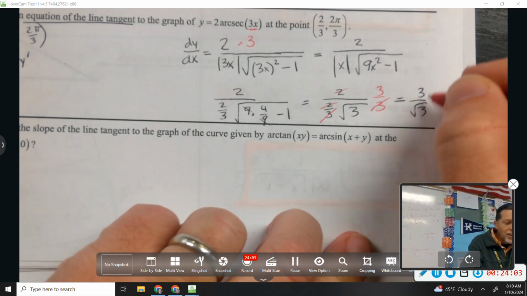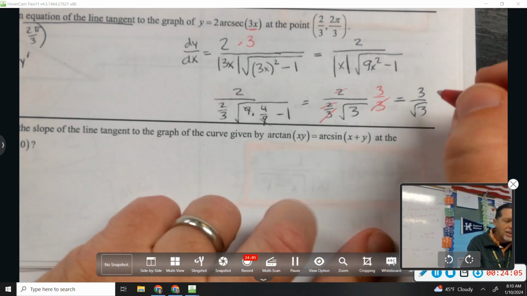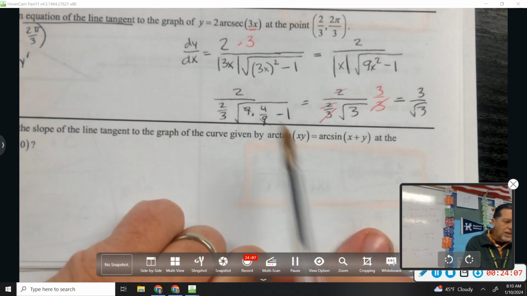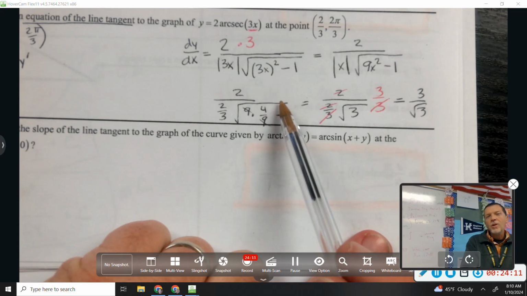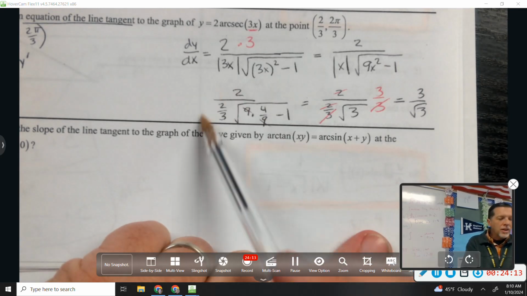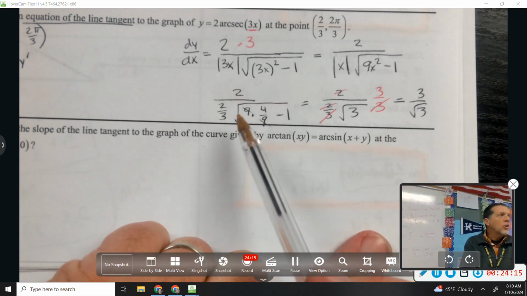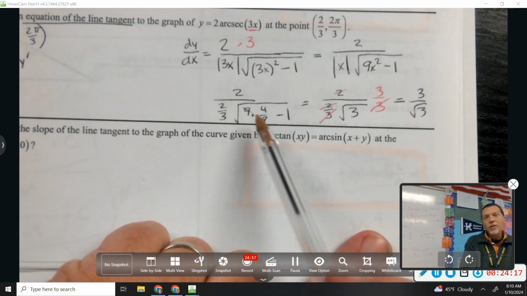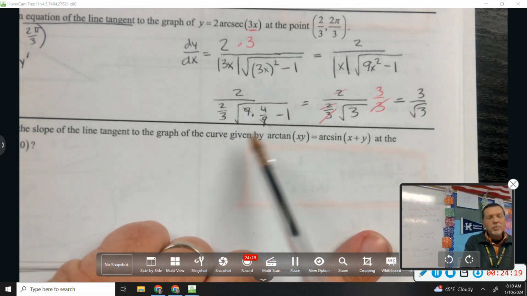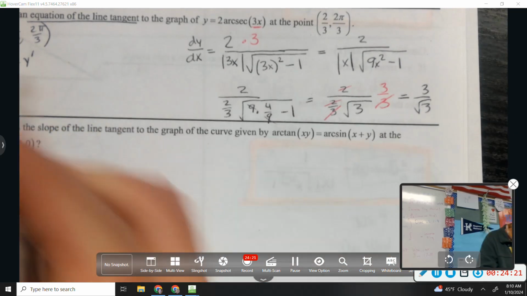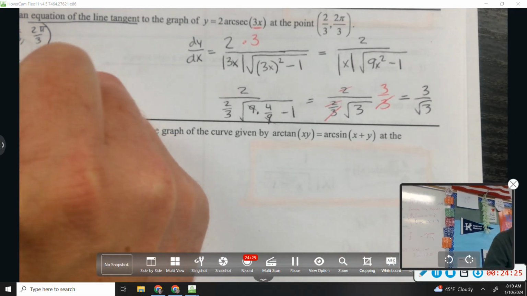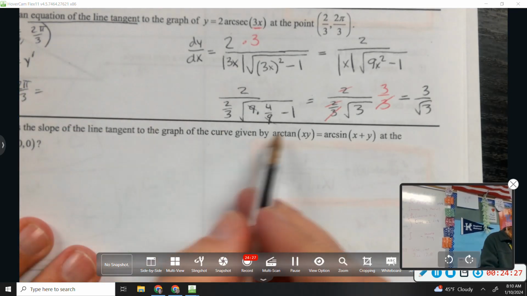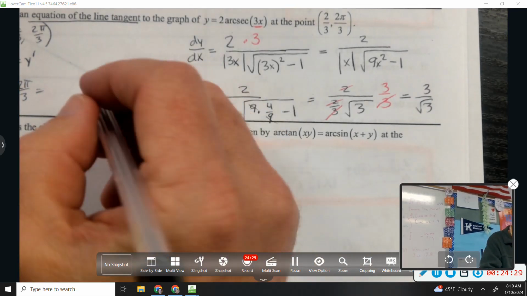Although that is a safe stop. You can use that number, that's fine. In fact, you could have just used all of this, right? You can write the equation of the line and use that big chunk of ugliness as the slope, and that would be fine. So if you get worried about simplifying, then write your equation, y minus 2 pi over 3 equals slope times x minus 2/3, and again, you can put that whole chunk of ugliness in for the slope.